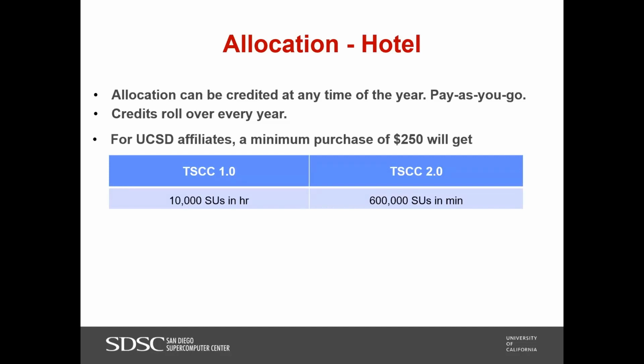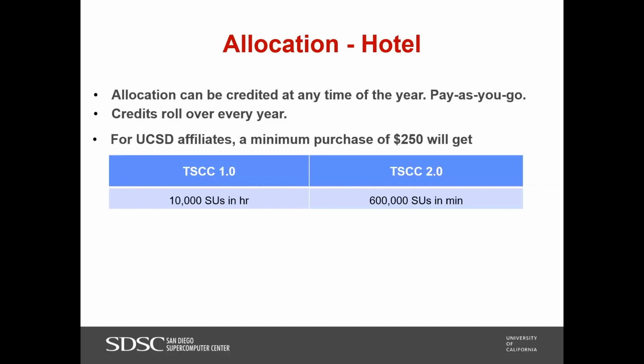But now, as I mentioned, the SUs are based in minutes on TSCC2. So, for example, for UCSD affiliates, a minimum purchase of $250 will get you 600,000 SUs. But just know these SUs are in minutes now.